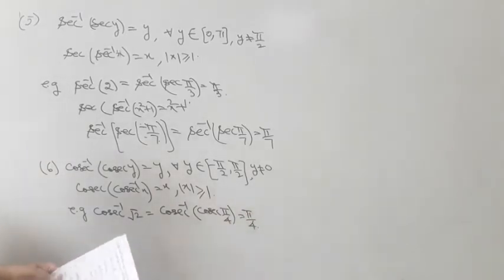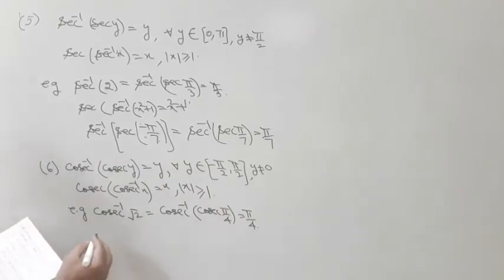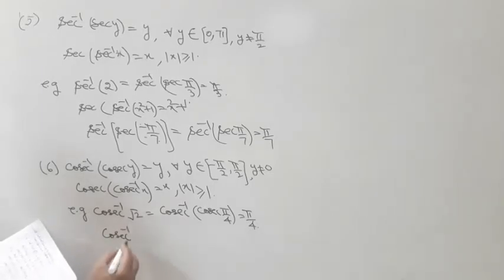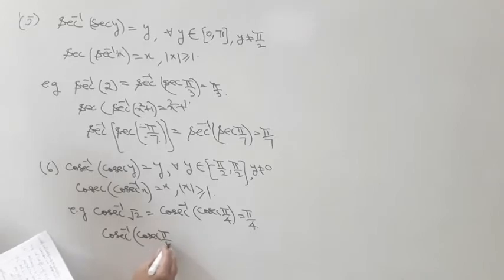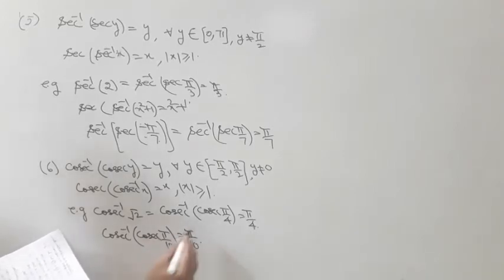Check out. And similarly, the remaining problems on the same pattern you can go. You say cosecant inverse of cosecant pi by 10 is just equal to pi by 10. Therefore, you can simplify like this.